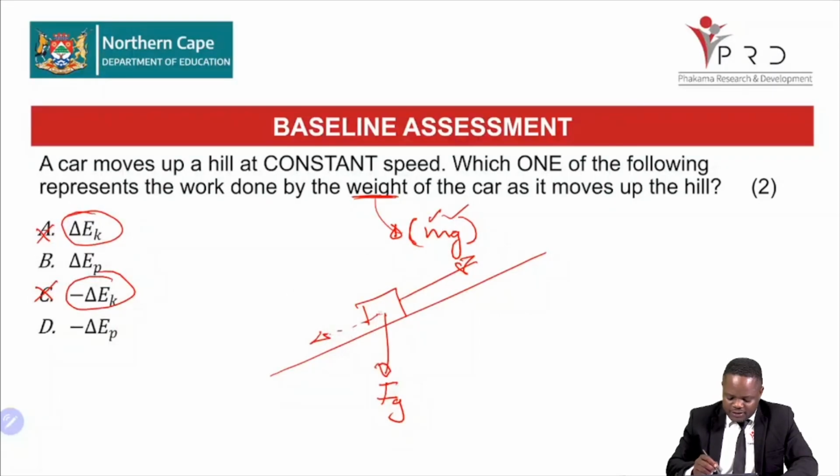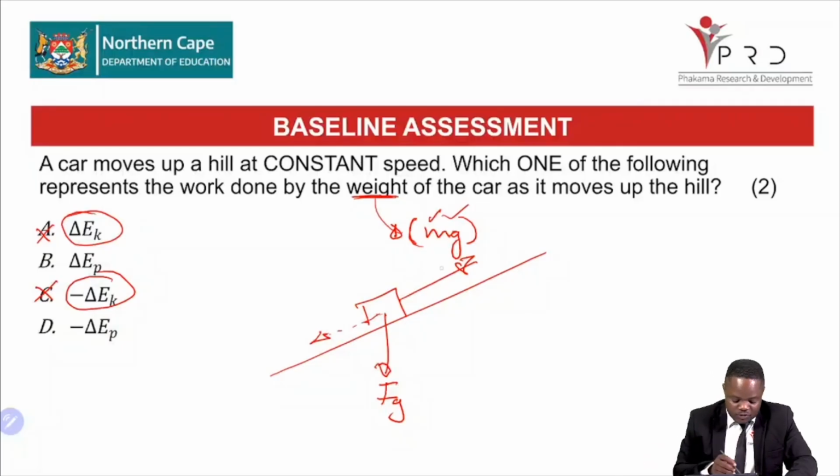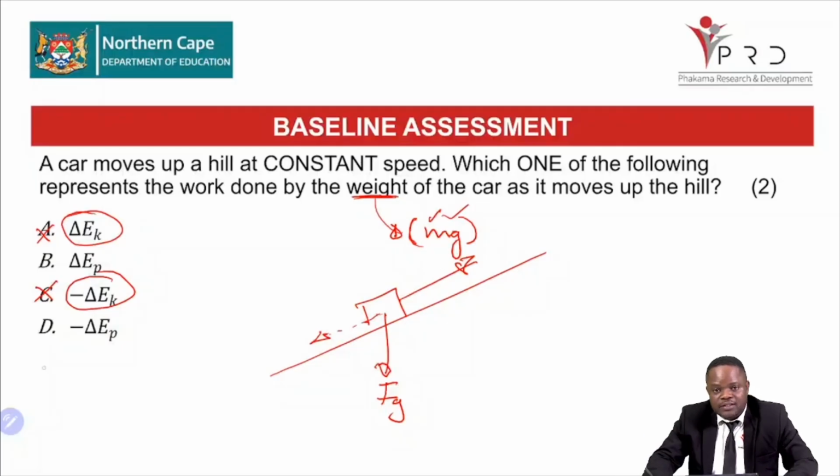And since it is in the opposite direction, we're expecting this to do negative work. That directs you that it is going to be equivalent to the change in our potential energy. Okay, and we're saying it is going to be negative, because it is in the opposite direction to the direction of our displacement.